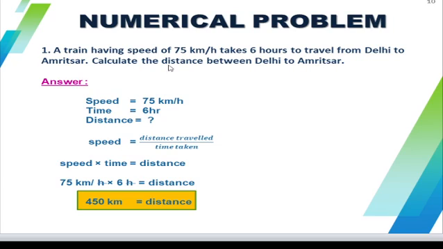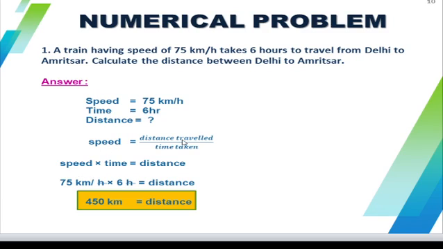So what values are given? We should note them down: speed 75 km per hour, time 6 hours. What we want to find out is distance. This is the common formula: speed is equal to distance traveled by time taken. But we need only distance, so we change this formula: speed is on the left side, time goes from down to upside by cross multiplication.